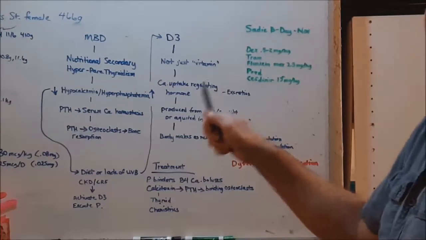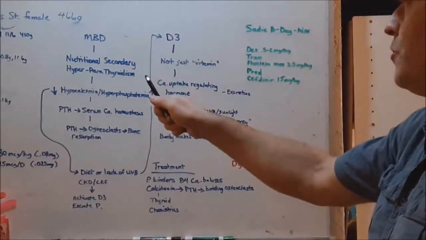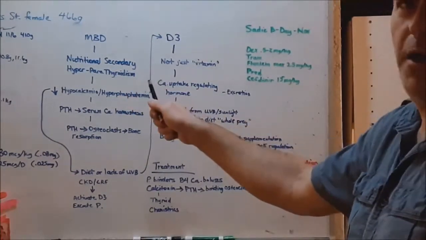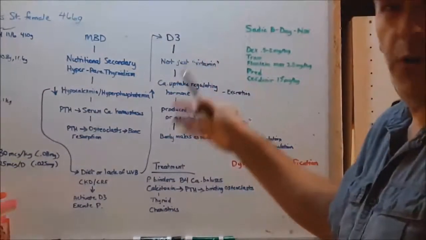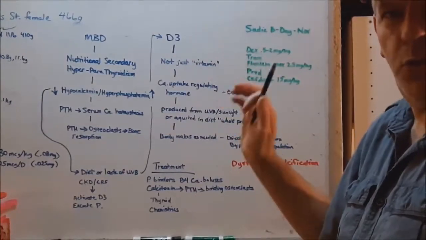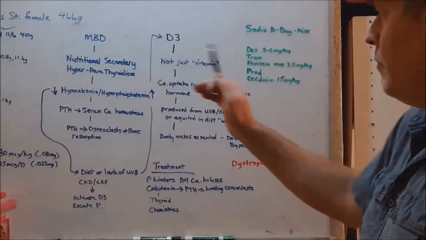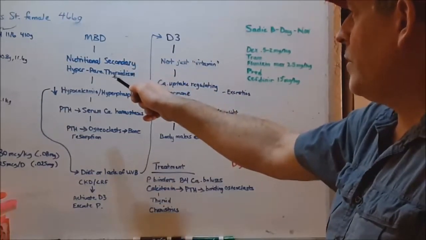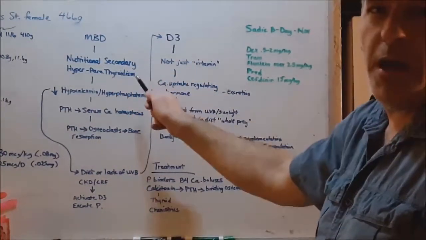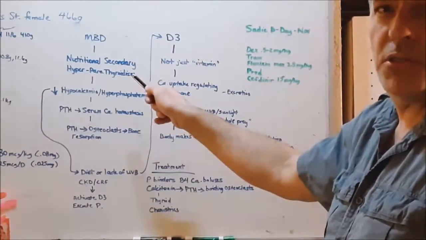It's more commonly in reptiles known as nutritional secondary hyperparathyroidism. You've got a thyroid gland and a parathyroid gland, and they serve different functions. In diagnosed cases of metabolic bone disease, it's going to be the parathyroid gland that's involved.